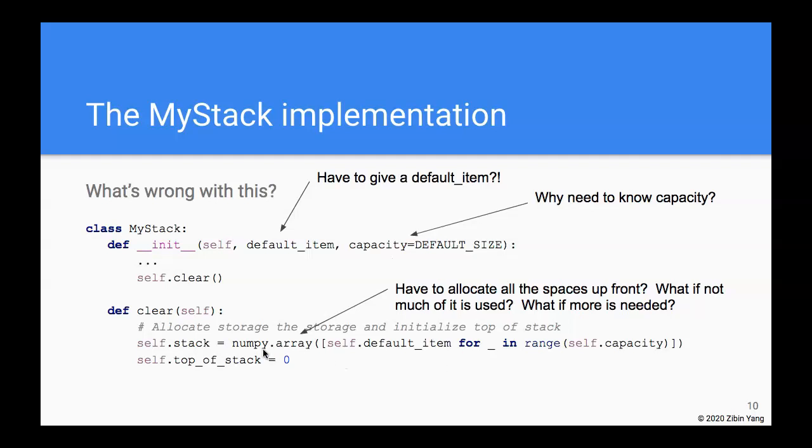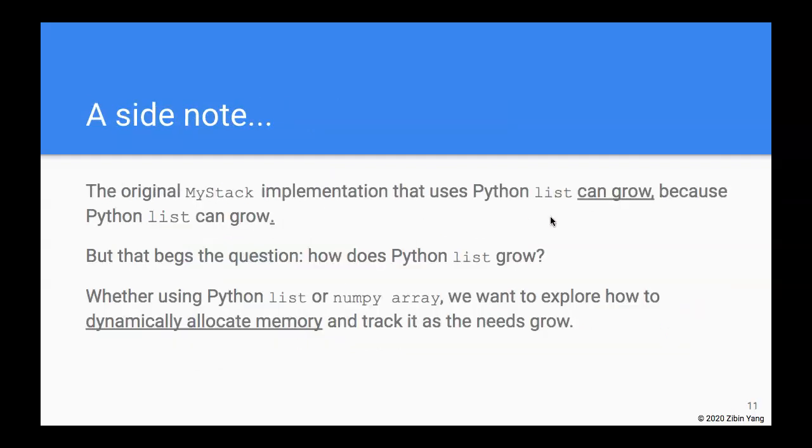Now, before we made this modification to the MyStack, we were actually using a Python list to store all the items we want in a stack. And we know that a Python list can grow, so we can just grow it as we need more space. But that kind of begs the question, how does a Python list grow, right?